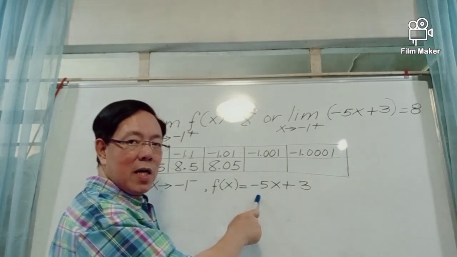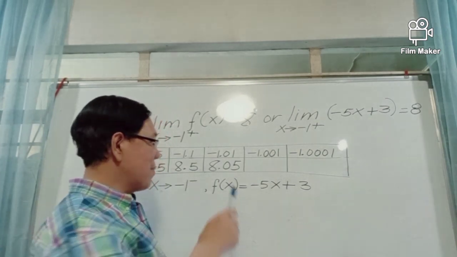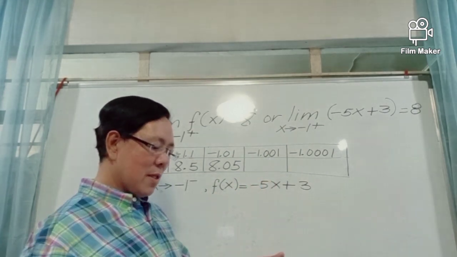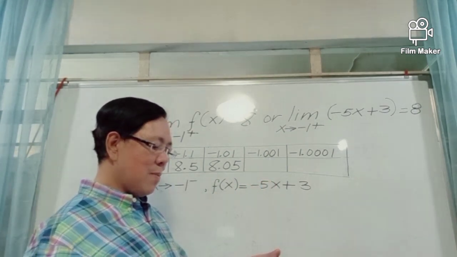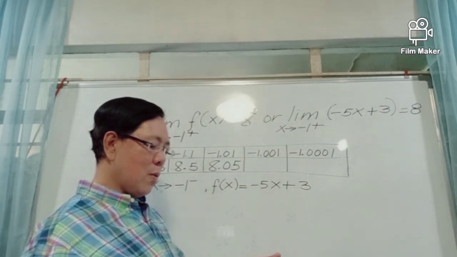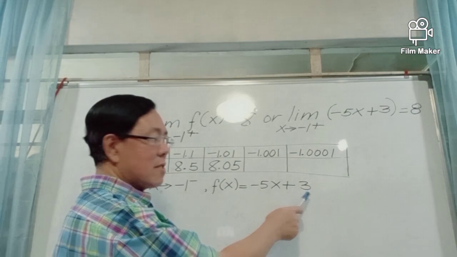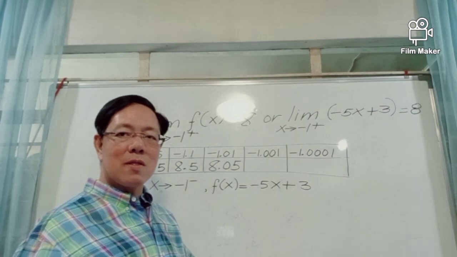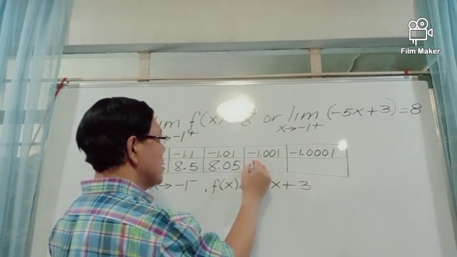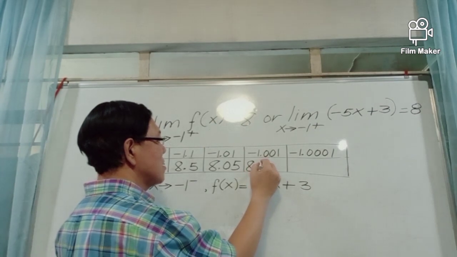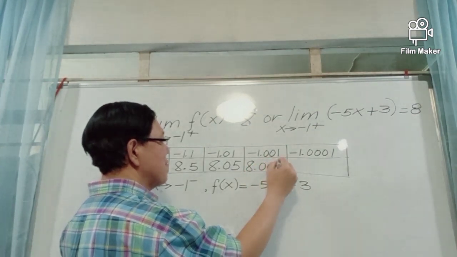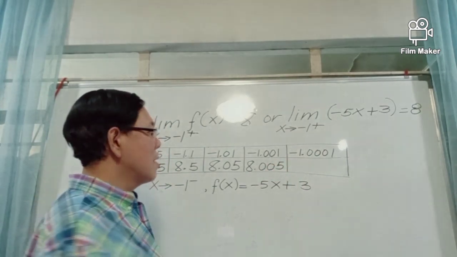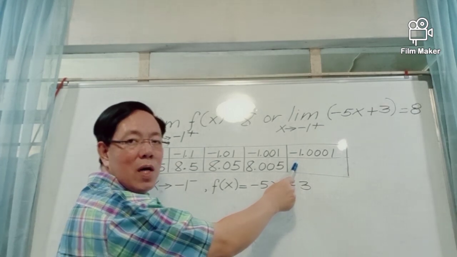We calculate negative 5 multiplied by negative 1.001, plus 3, and we get 8.005. When x is negative 1.001, the value of the function is 8.005.